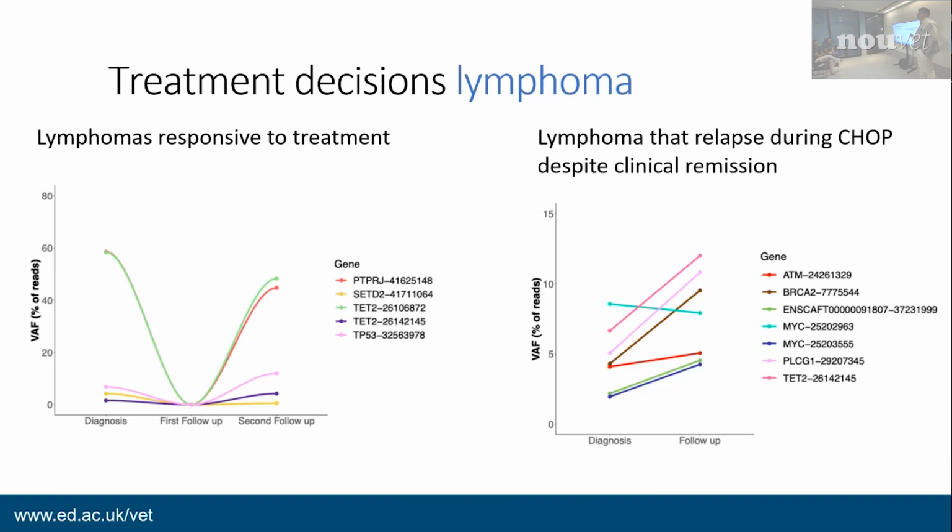But then over time, rather than decrease, they increase in frequencies. And all of the cases that we had like this didn't even finish the CHOP protocol. They quickly died, even though at this follow-up stage, the dog was actually in clinical remission.